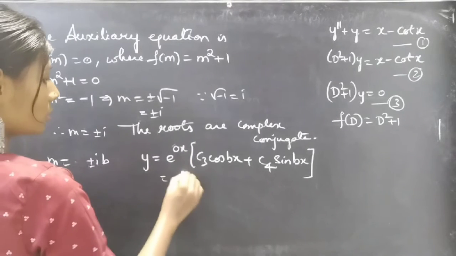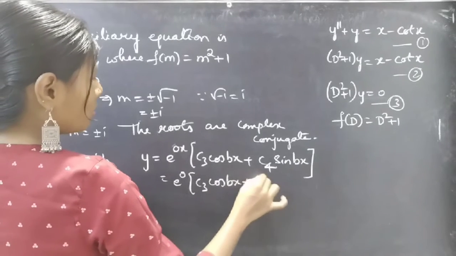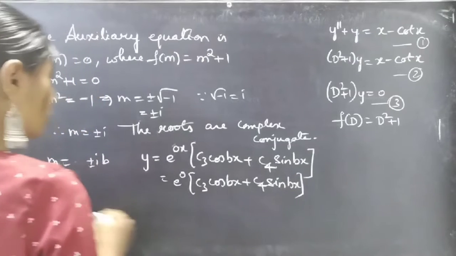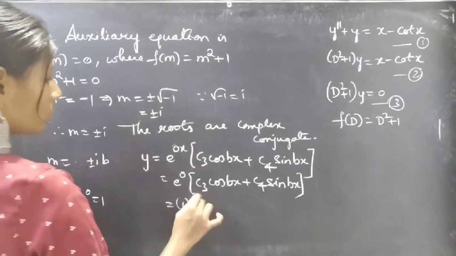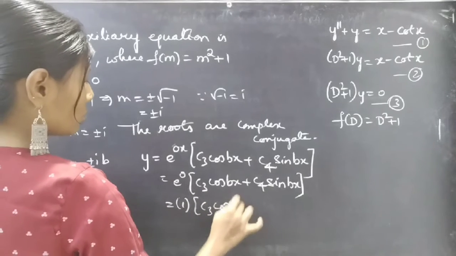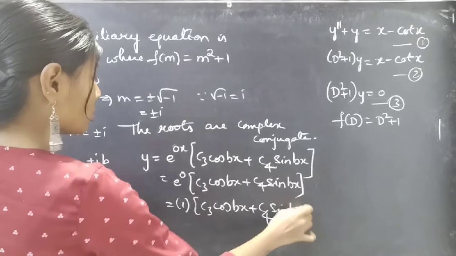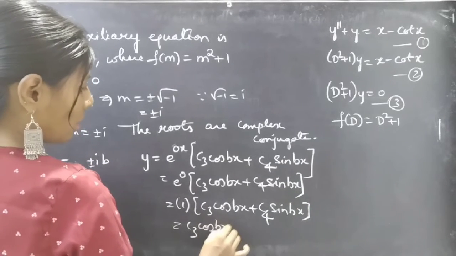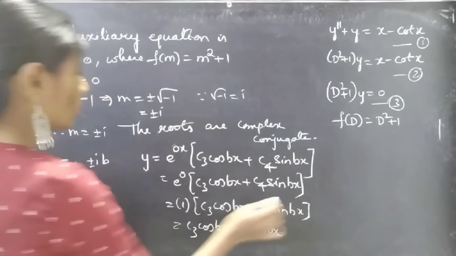Then we'll get e power 0 into c3 cos bx plus c4 sin bx. Since e power 0 is 1, we'll get c3 cos bx plus c4 sin bx, right?